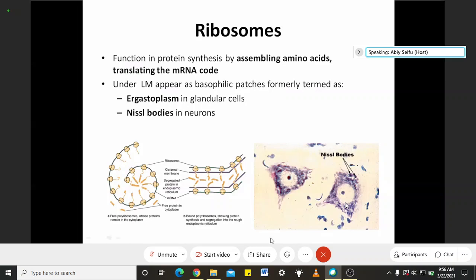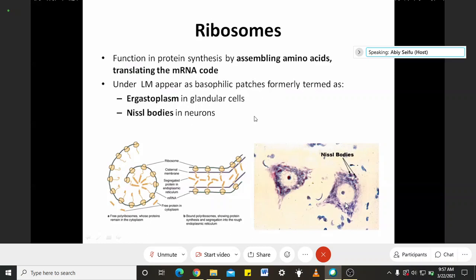As a result, even before it was discovered that rough endoplasmic reticulum is found in plenty in neurons, neurons were known to have a large amount of granules. These granules were named Nissl bodies. So neurons have a large amount of Nissl bodies, but later these Nissl bodies were discovered to be rough endoplasmic reticulum.